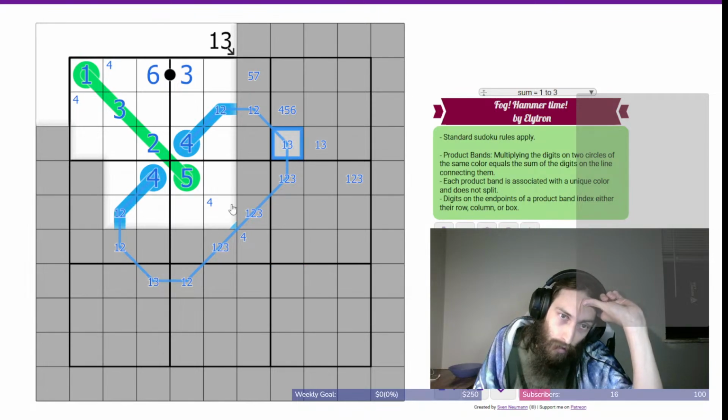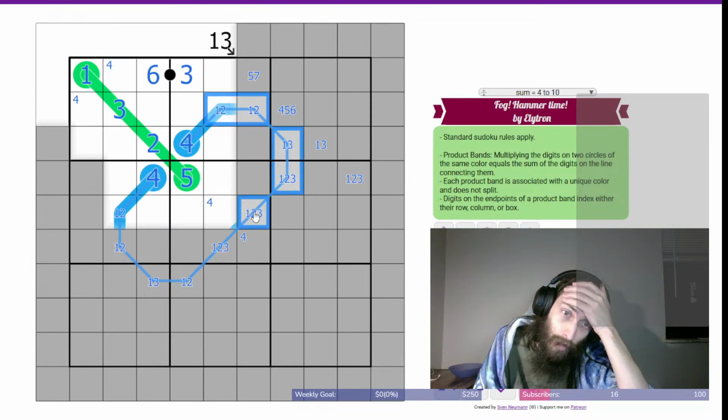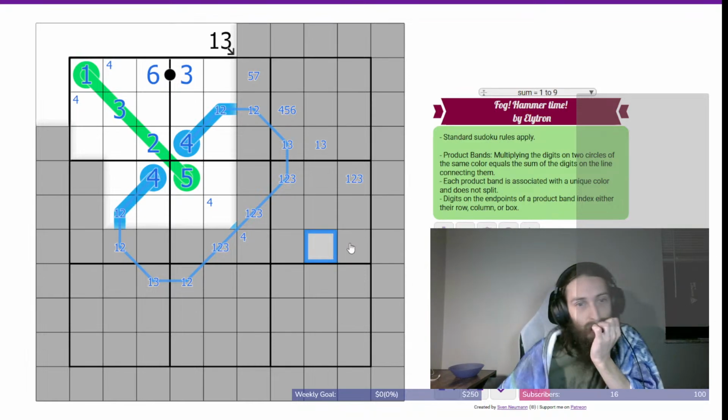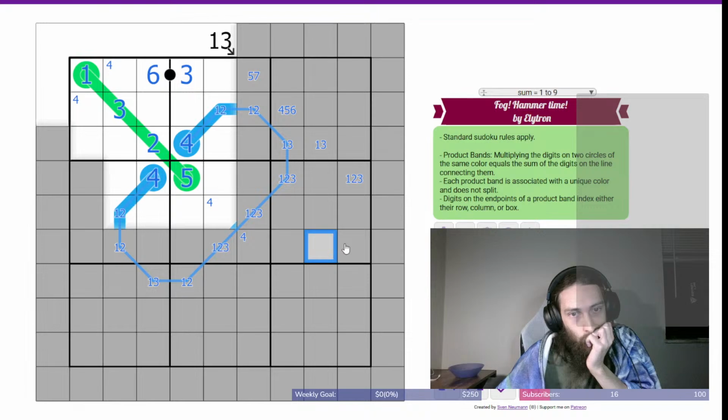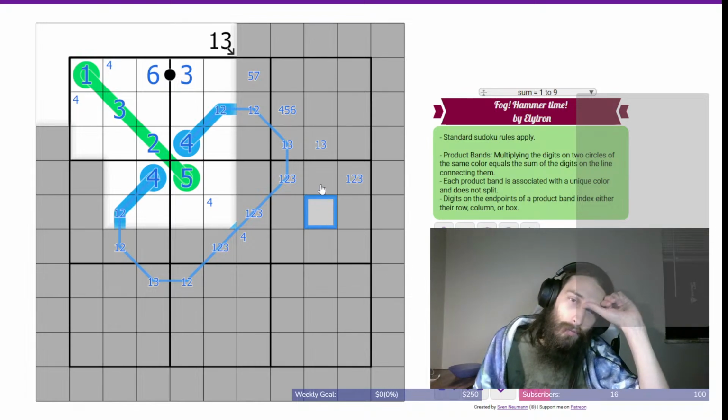Because there's no reason that they couldn't both be 1s, and then that has no impact on the degrees of freedom in the loop. What am I missing?